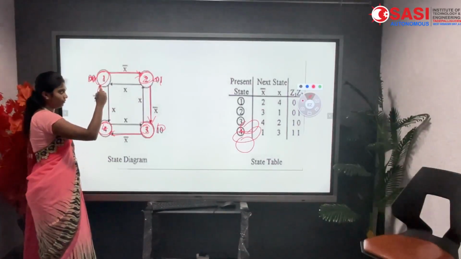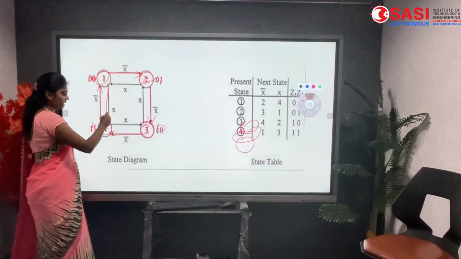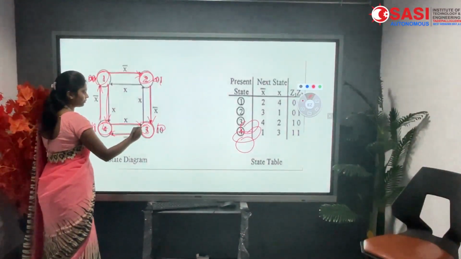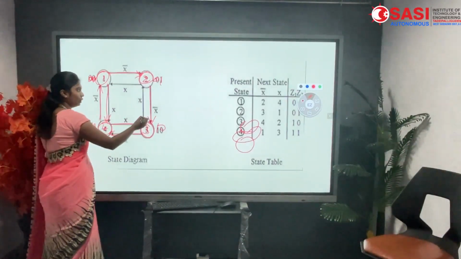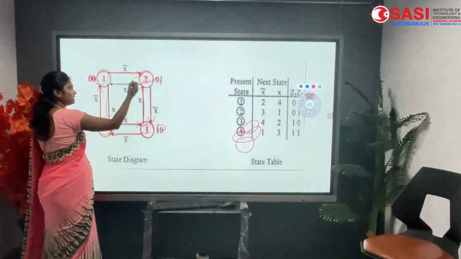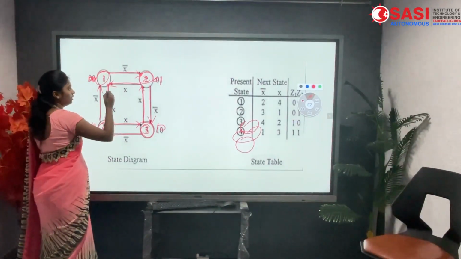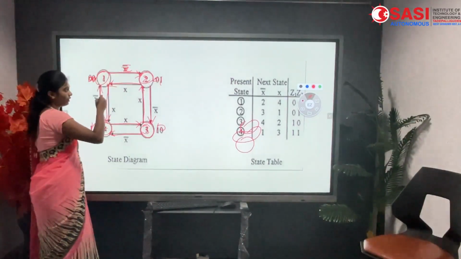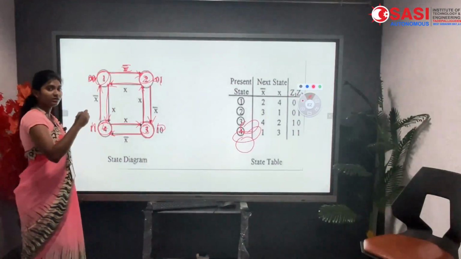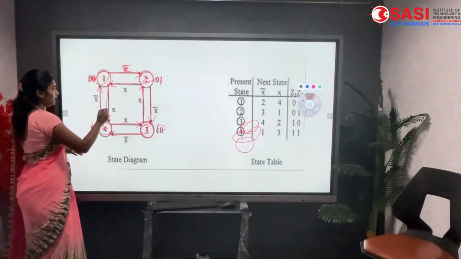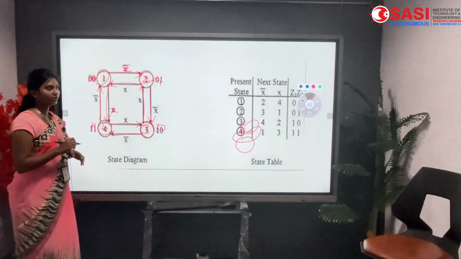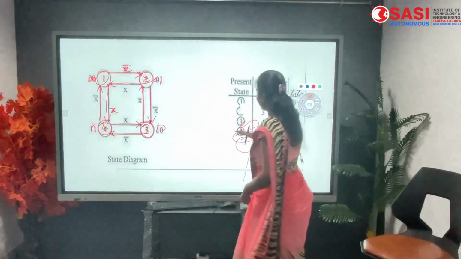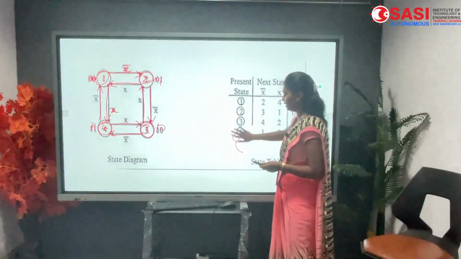From 1 onwards we continue. The next state of 1 is 4, of 4 is 3, of 3 is 2, of 2 is 1. Starting from the starting node we mark it as x bar, and the continuation from 1 is represented as x. So I already initialized the present values and now the next values.